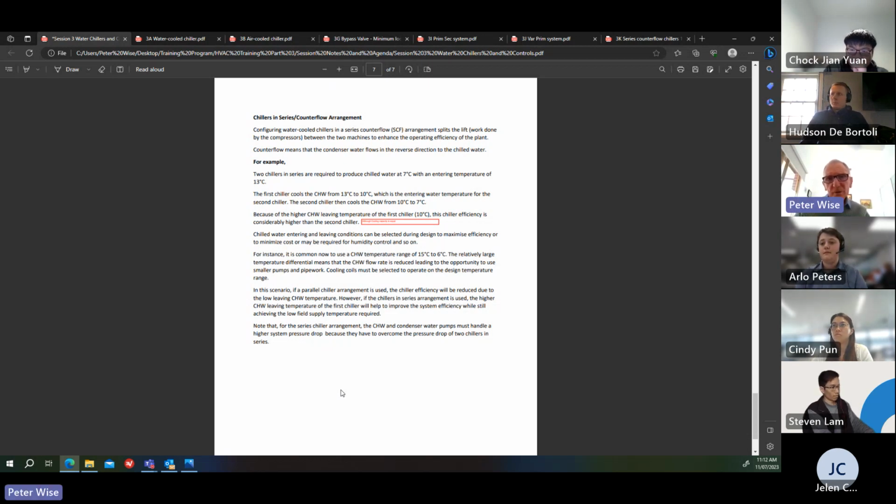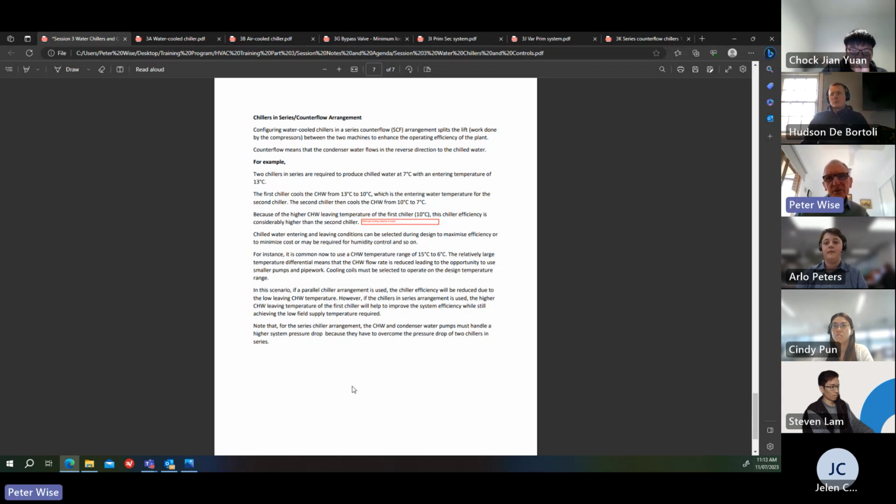So they can still be side by side, but you've got to make sure that the water coming out of one goes into the other one and then out the other end. So it just depends on the architectural provisions in the building, whatever works best.